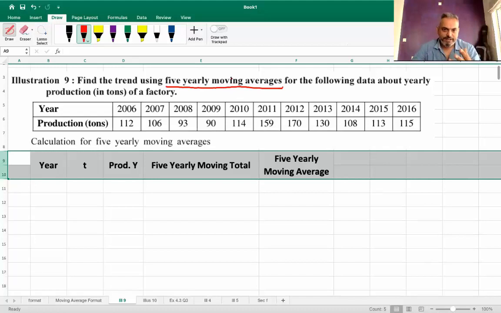For even time periods, there is a different method. So first we will see the odd one: 3 yearly moving average from the following data about yearly production in tons of a factory. Now, year is given to you and production in tons is given to you.